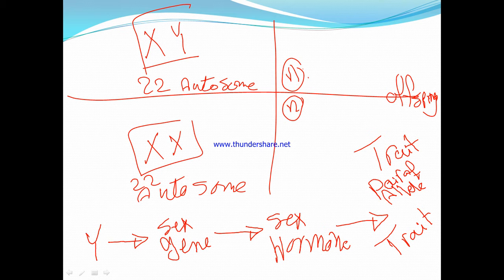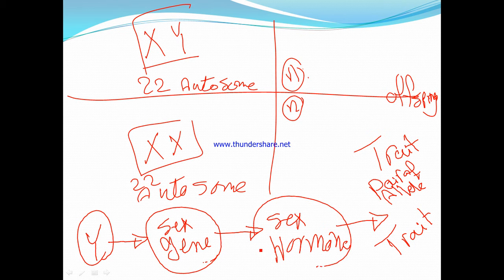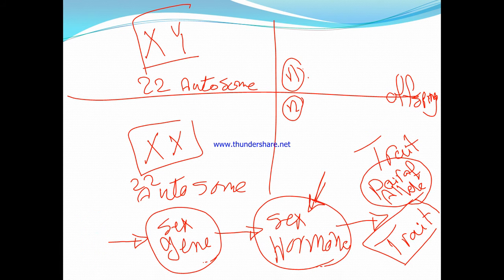I repeat it again. This type of trait is a somatic trait and carried on somatic chromosomes. It is represented by a pair of alleles and it's affected by the sex genes that are carried on Y. If the Y chromosome is present and this Y already carries sex genes which produce a sex hormone known as the masculinity hormone, and if the cell contains the sex hormone and contains the pair of alleles, this trait will appear, which is the sex influenced trait.